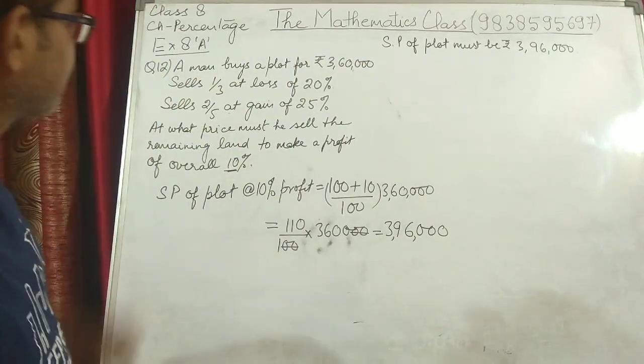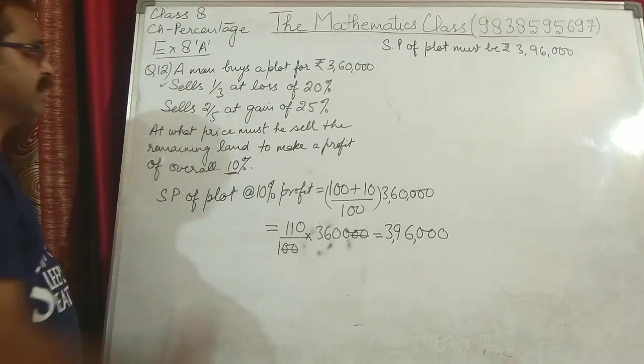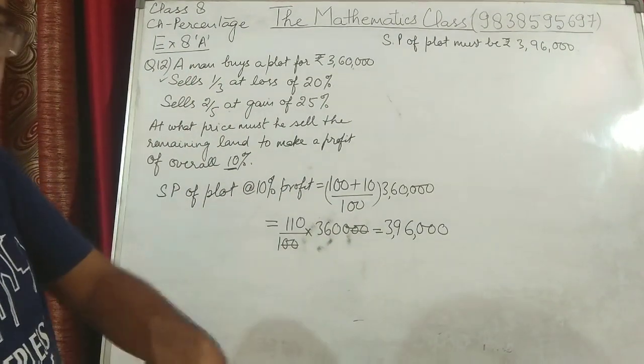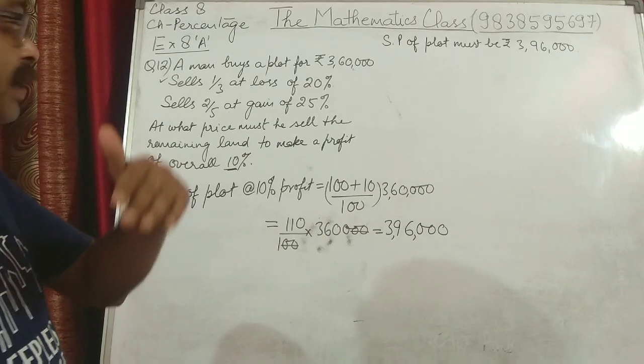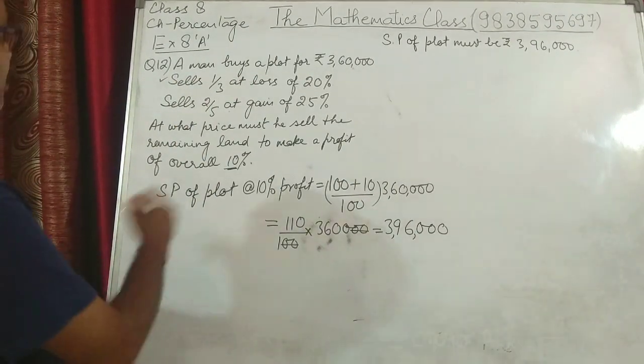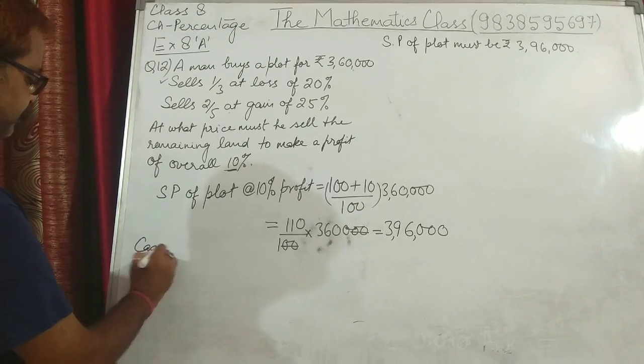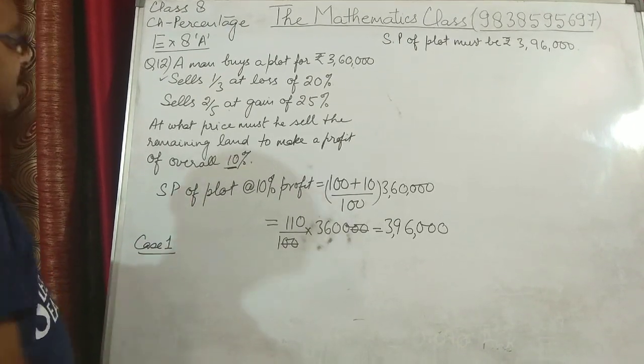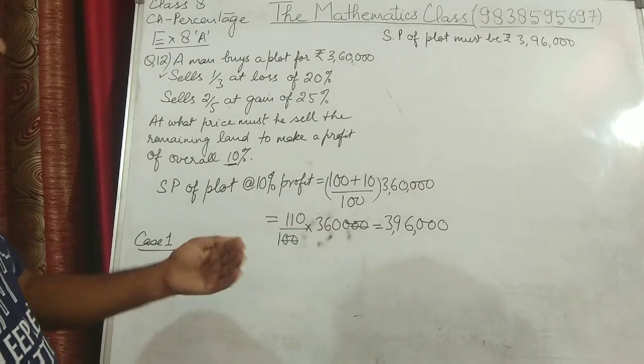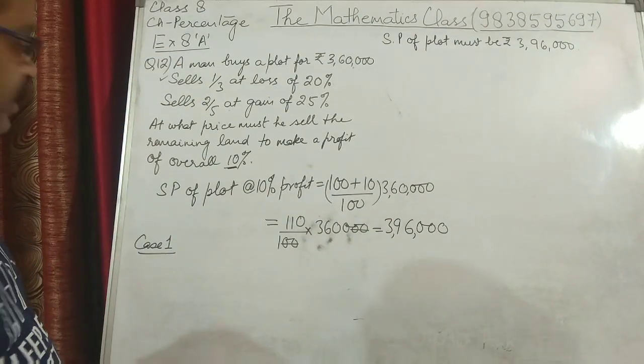Now there are two cases. In the first case he is selling his 1/3 part of the plot at 20% loss. So we can say case 1. He is selling 1/3 of the plot at a loss of 20%.